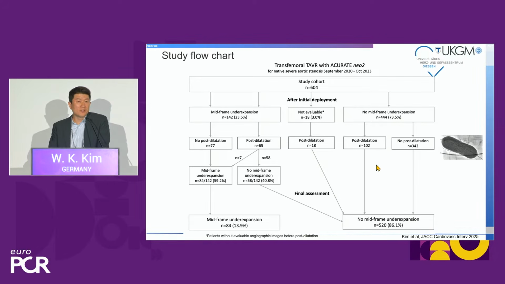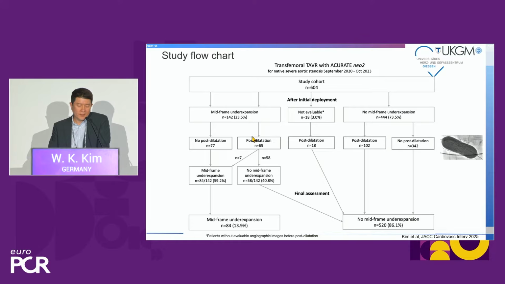The main reasons for post-dilatation were either PVL or increased gradients, or these extreme examples of inflow underexpansion. So this explains why we did post-dilatation also in those patients that presented without initial mid-frame underexpansion, in around 100 cases, so 1/4. But we also did post-dilatation in those patients that presented with mid-frame underexpansion, again not for the underexpansion itself, but for PVL or increased gradients.